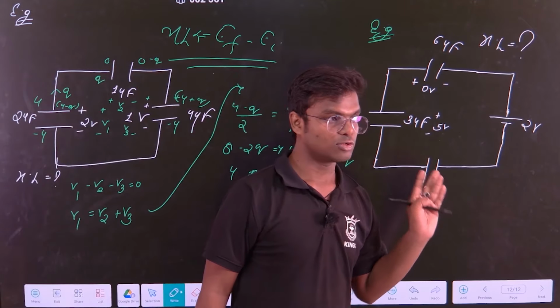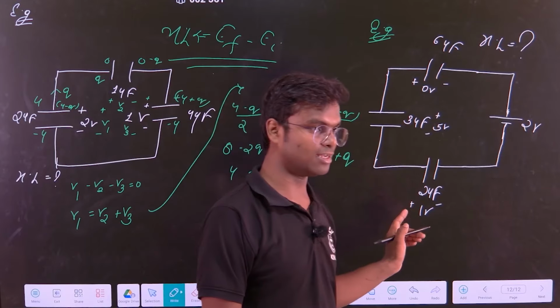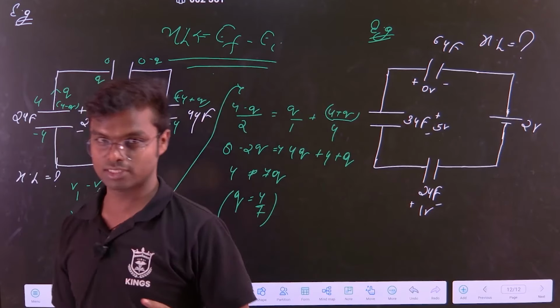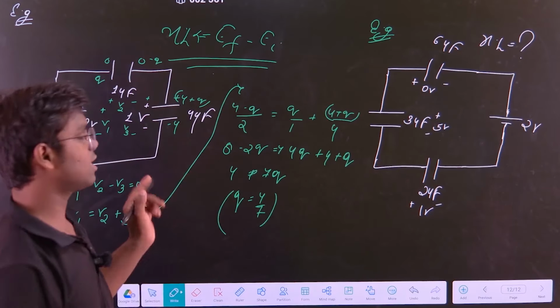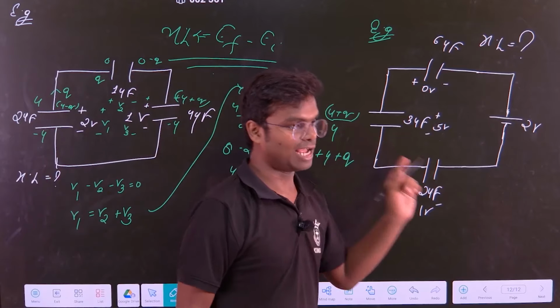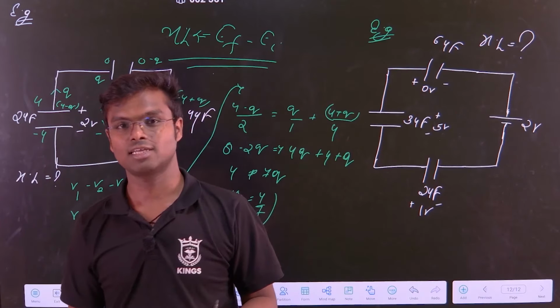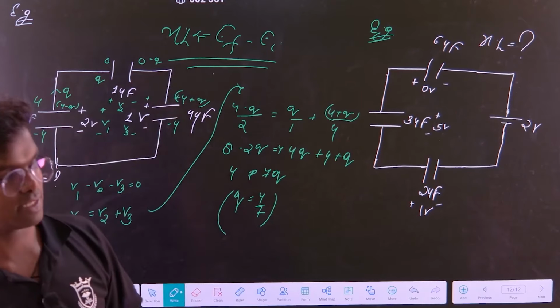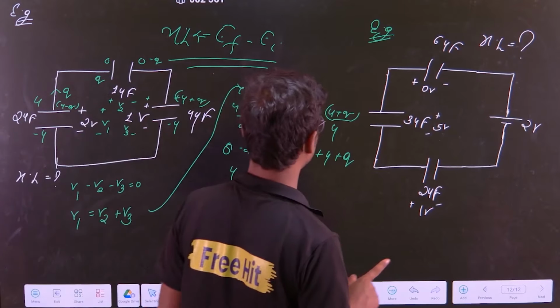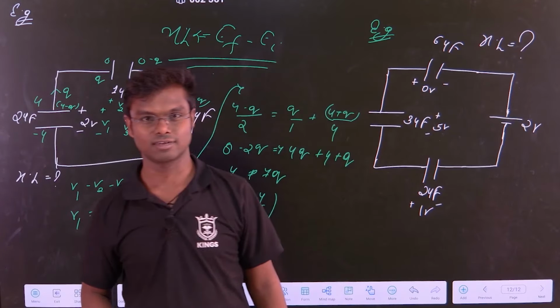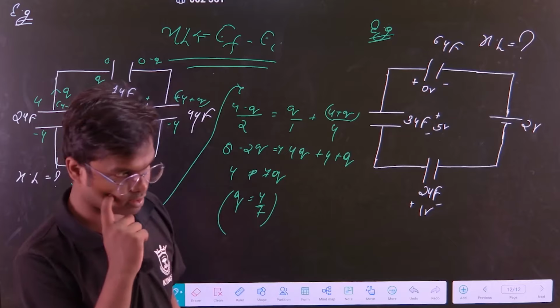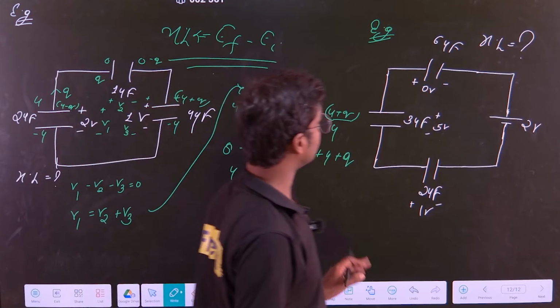So those who solve this question correctly with the correct answer and proper steps, they have to put their answer into the WhatsApp group and I will personally check it, and if the answer is correct and the method is correct, I will announce their name here.